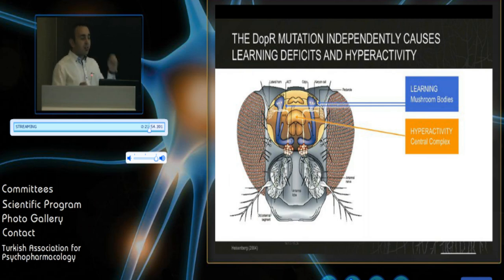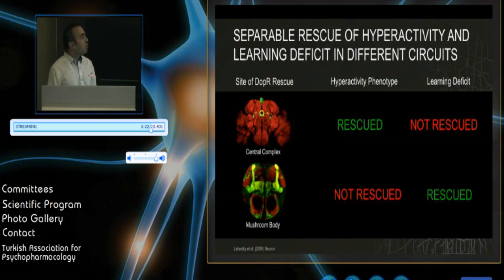Is it enough to find a mutation? New trials show that it is not the case. More target-oriented and more brain-oriented studies have to be carried out, because in the animal trials we see that certain sites have something to do with learning, and the other sites have something to do with hyperactivity.